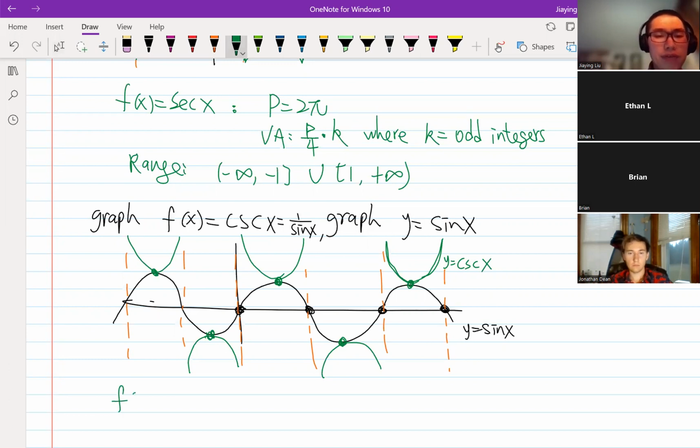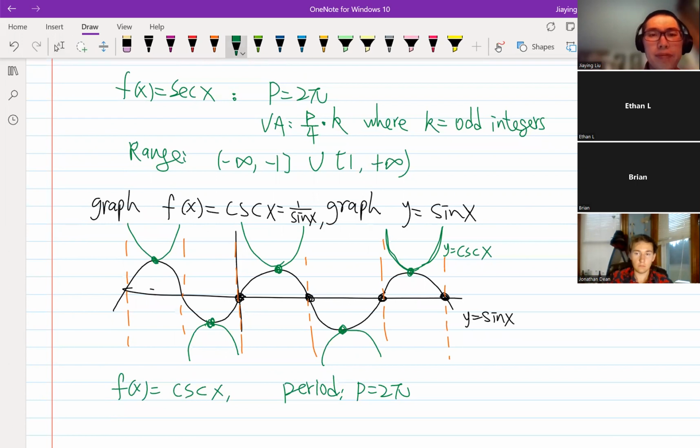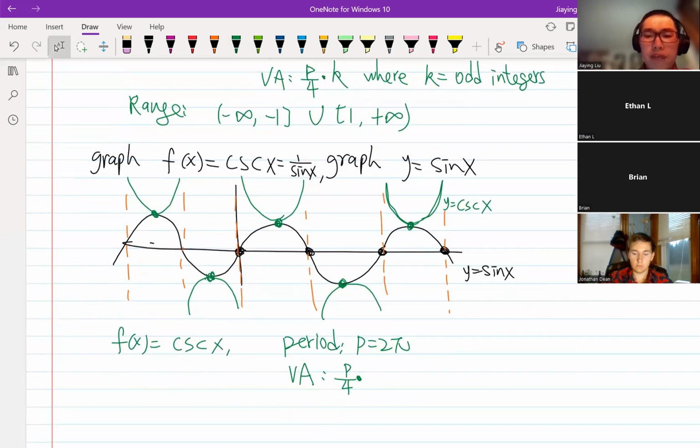So to note that f of x equals cosecant x, the period, just like sine, the period is 2 pi. And the vertical asymptotes, instead of happening at the period divided by 4 times odd integers, it's going to happen at period divided by 4 times even integers, because the vertical asymptotes happen at 0.